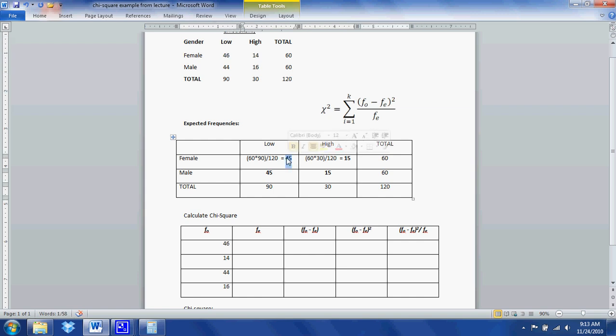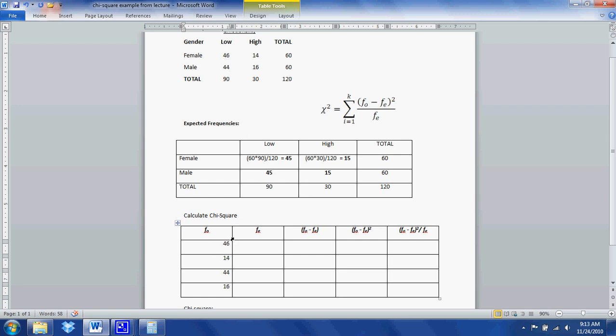So I flip it into a table. I put all my observed frequencies here. So this is 46 is female and low, 14 is female and high, 44 is male and low, and 16 is male and high. So we just have to pull the right expected frequencies for each of these cells.